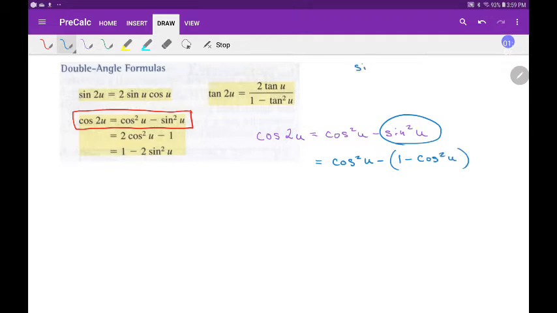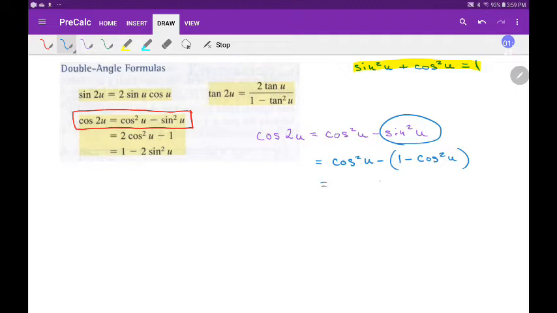If you recall, sine squared u plus cosine squared u is equal to 1. So I can solve for sine squared u, and I get 1 minus cosine squared u. So this is still the king, but we can use it to get this other one.